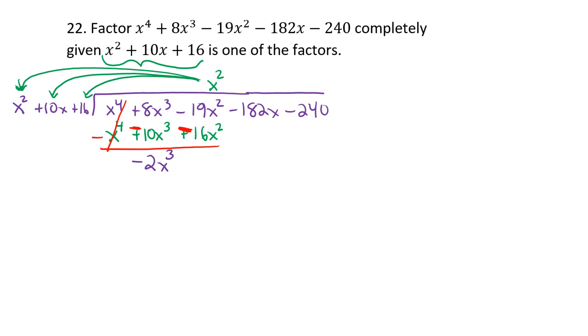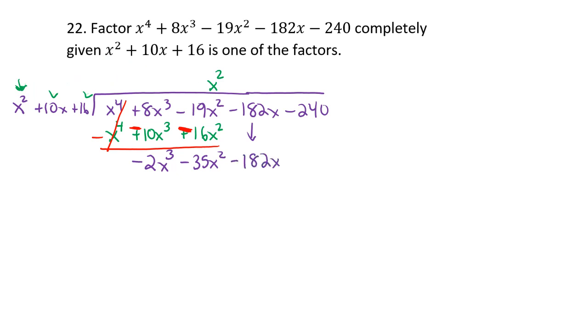Negative 19 minus 16 is negative 35x squared. I'm going to drop down my next term. Going to go through the process again. Got to figure out what times x squared is going to give me negative 2x to the 3rd.